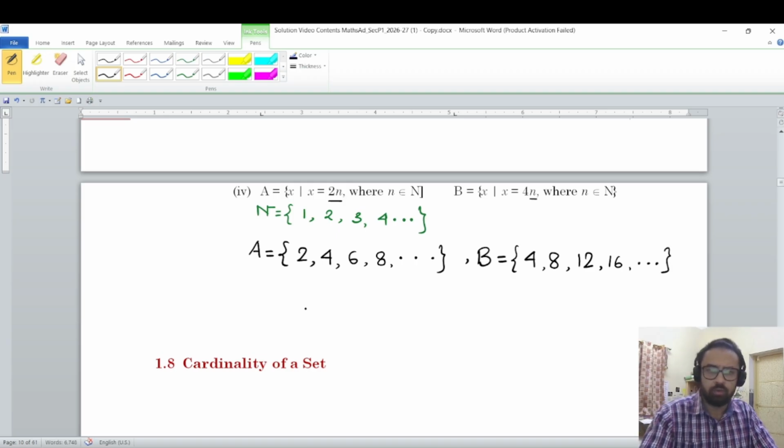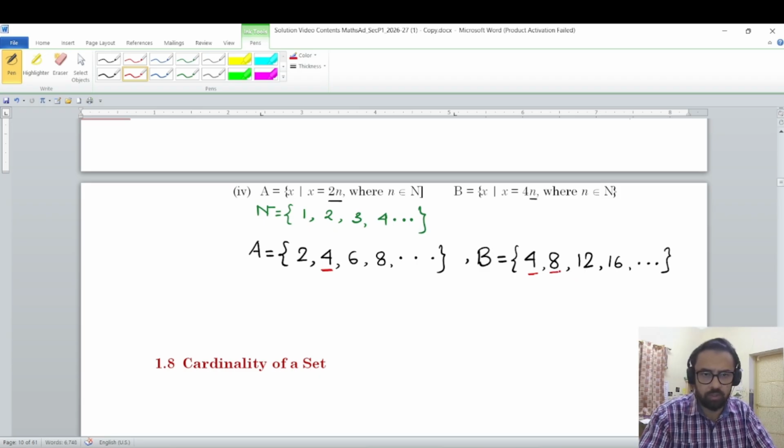Now we need to build the subset relationship. If we see, all the elements of B are available in A. 4 is in B, 4 is in A. 8 is in B, 8 is in A. 12 is in B, and 12 will also be in A, after 8, then 10, and then 12, and it goes up to infinity.